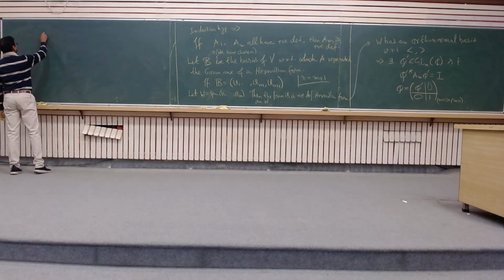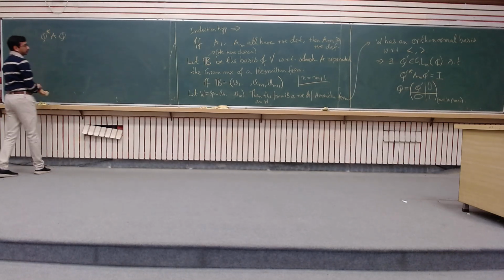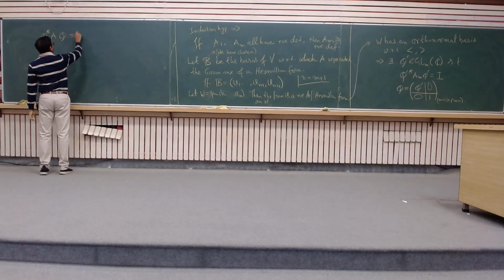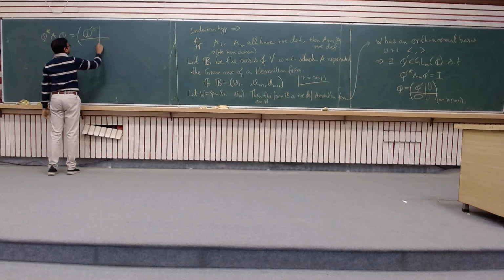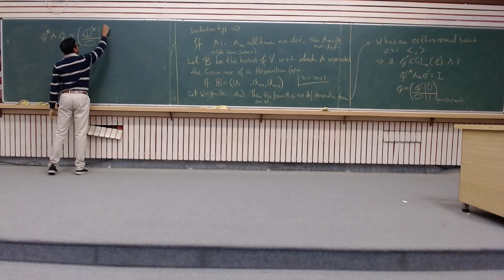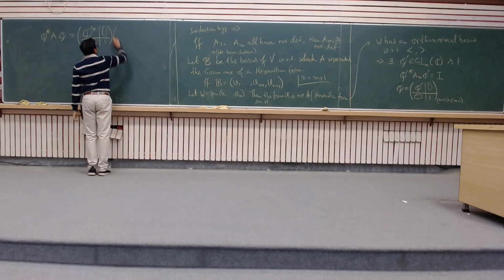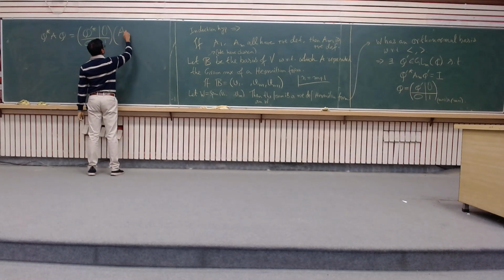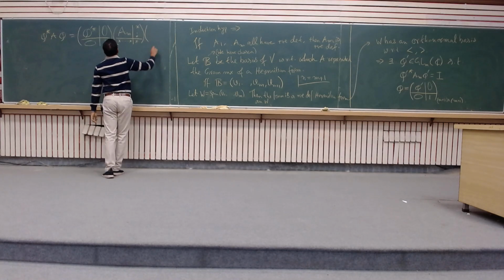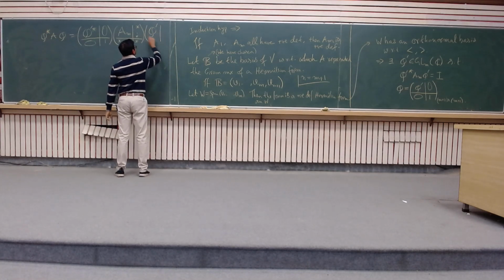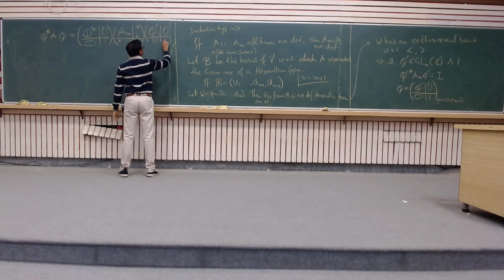So consider Q star A Q. Okay. This will have the form Q dash star, 0 row, 0 column, 1, A m here, and then here the other entries of A, times Q dash, 0, 0, 1.